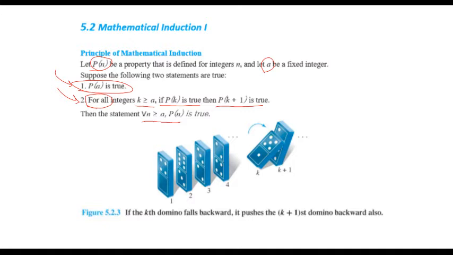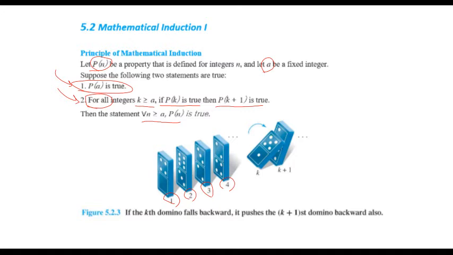So if I want to explain the concept of mathematical induction more clearly, I can use the example of dominoes. Let's assume that we have an infinite number of dominoes, number 1, number 2, number 3, number 4, all the way to infinity, okay?